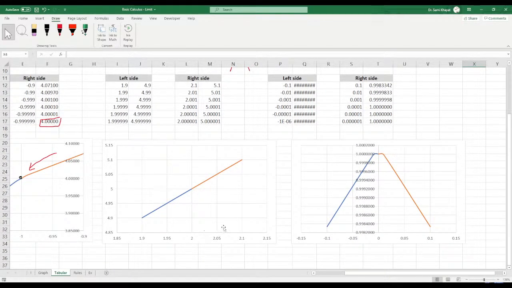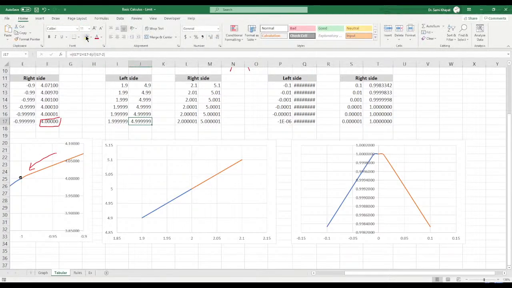Now, what about if I approach from the side more than 2: 2.1, 2.01, 2.001, and so on. You can see both of them are approaching 5, because this is 4.9999. If I continue, it's very clear I am going to 5, and this one is going to be 5.00000, meaning I'm approaching 5.